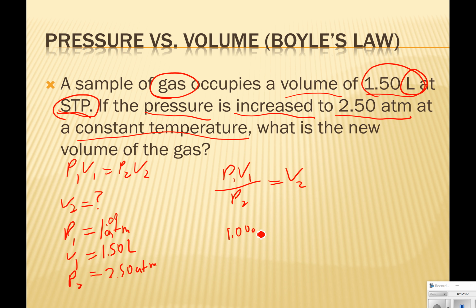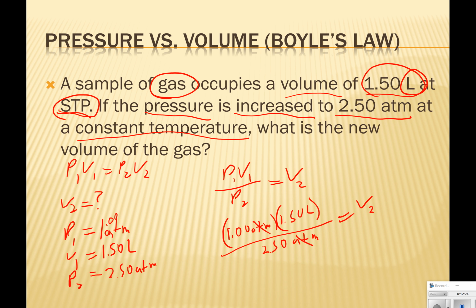So we'll plug in 1 atmosphere for starting condition, 1.50 liters, over our changed pressure, 2.50 atmospheres. That's going to be our V2. Atmospheres will cancel.